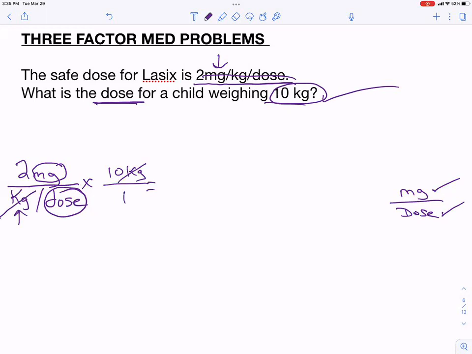That is it. So now I know that I have to have a specific strength, milligrams, for each dose. That's the safe dose for a pediatric patient. So 2 times 10 over 1 times 1 is 20 over 1. So the safe dose for Lasix for a child that weighs 10 kilograms is 20 milligrams each dose.